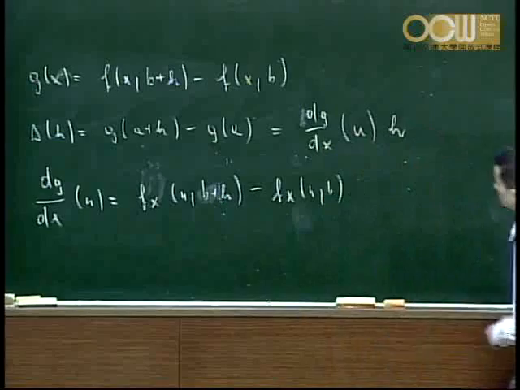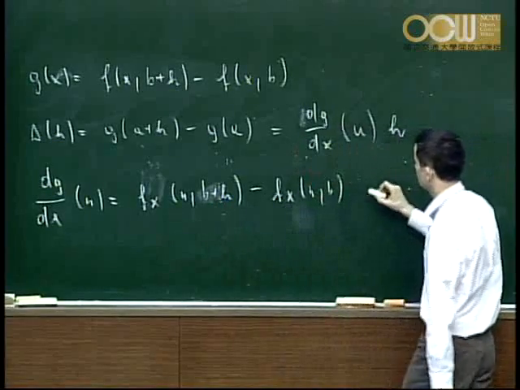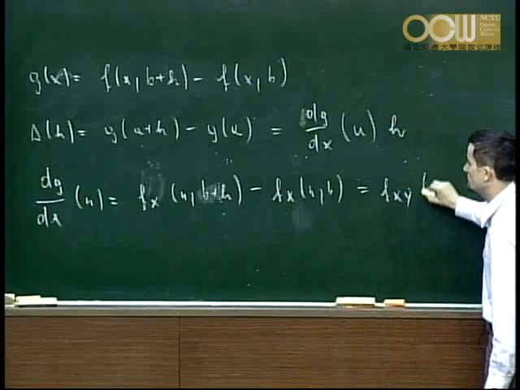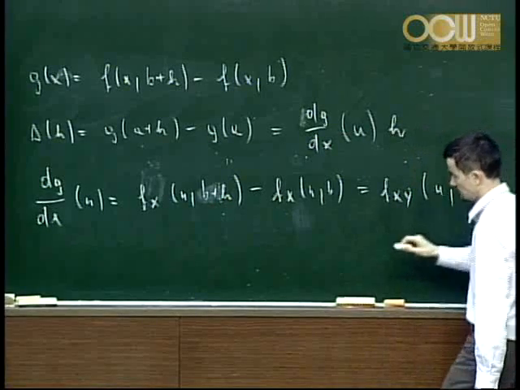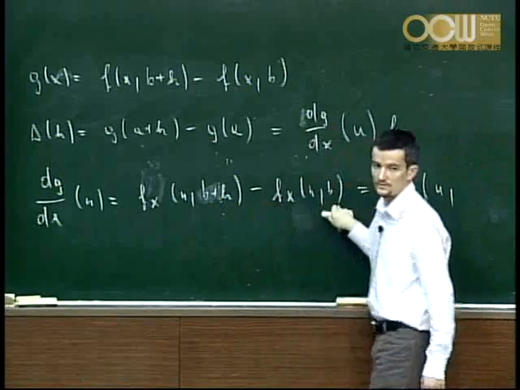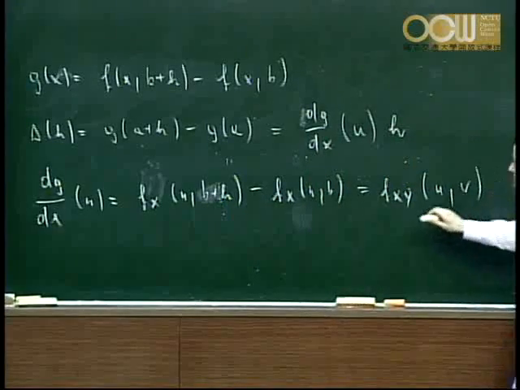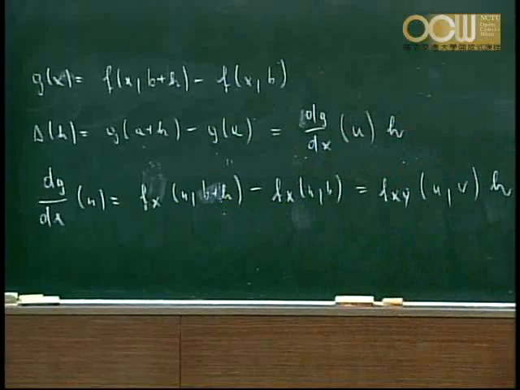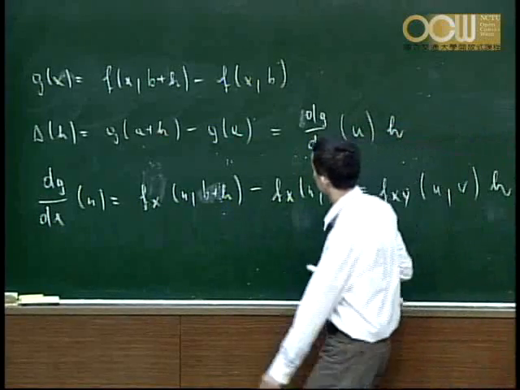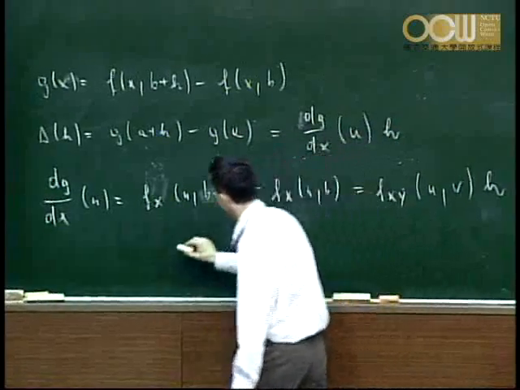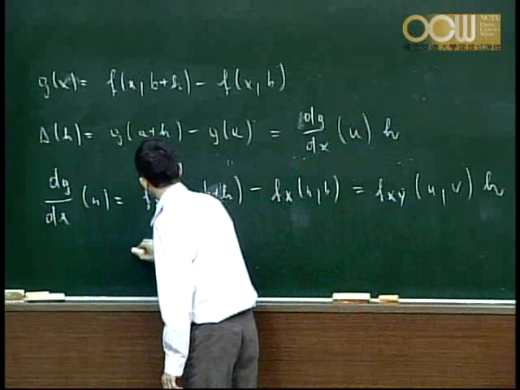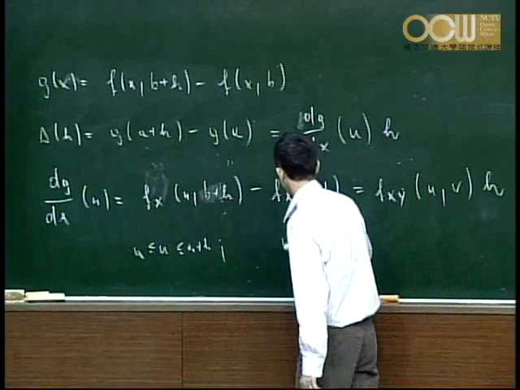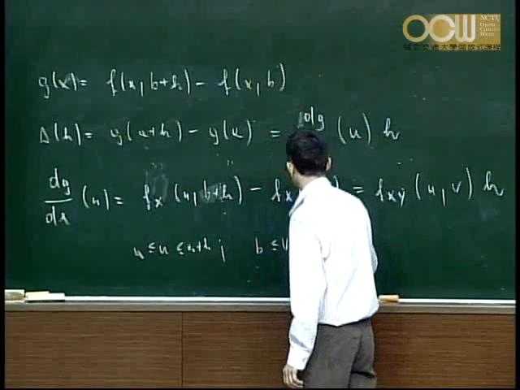So here we use again the mean value theorem, and we get fxy at u and another value v, which is between b and b plus h, times h. So maybe I should write out that u is between a and a plus h, and v is between b and b plus h.